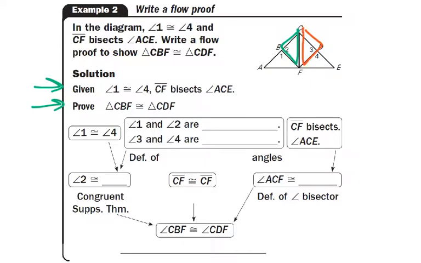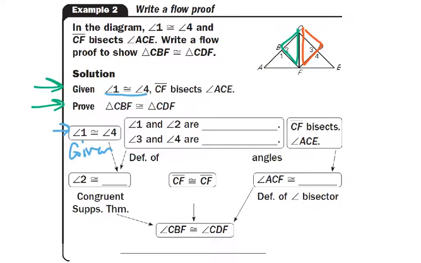Okay, so we can start out with our givens. Now, the first given is angle 1 is congruent to angle 4. We've got that statement here, and the reason for that is given. So what you're doing is taking your statements, putting them in the bubbles, the reason, writing it down below it.